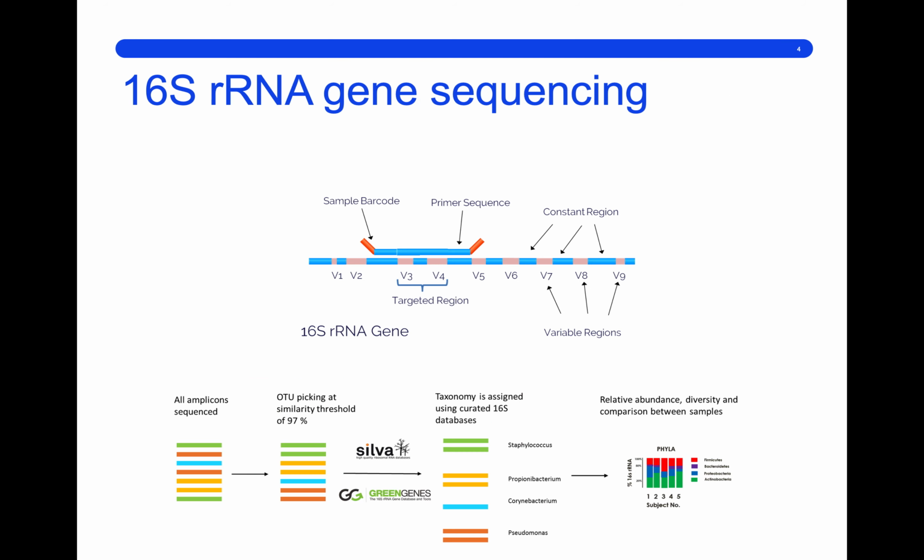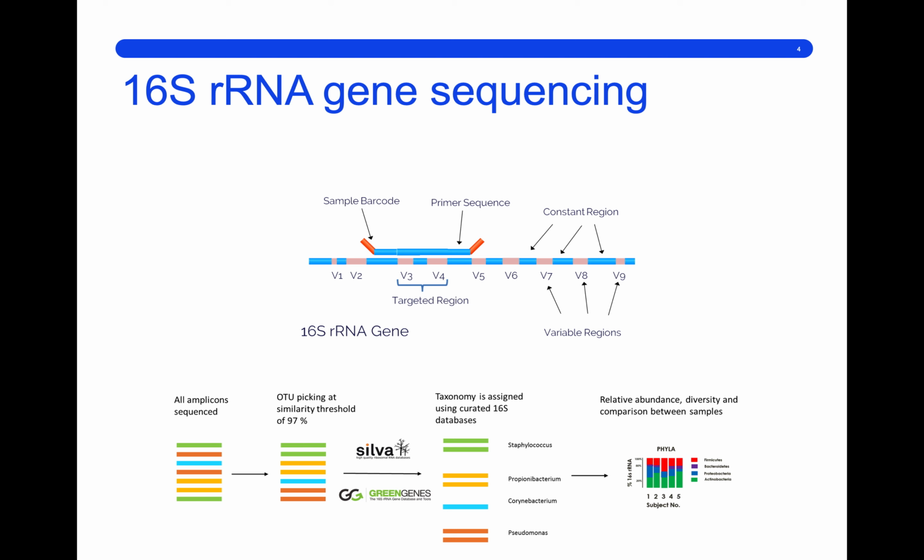So let's look a little bit more at how 16S sequencing works. Essentially what we're doing is using PCR, so the polymerase chain reaction, to amplify a small region of the 16S gene. So the 16S rRNA gene is about 1,500 base pairs long. It's present in all bacteria because it's an essential gene.